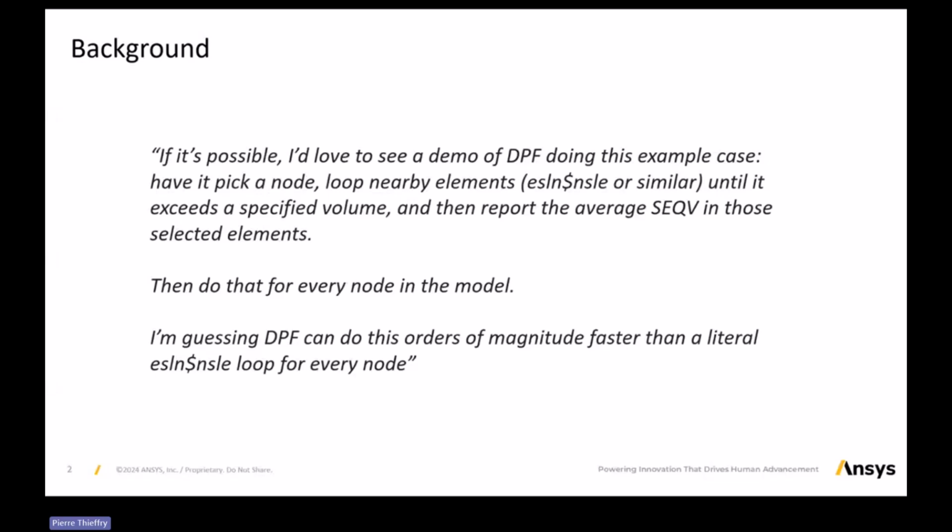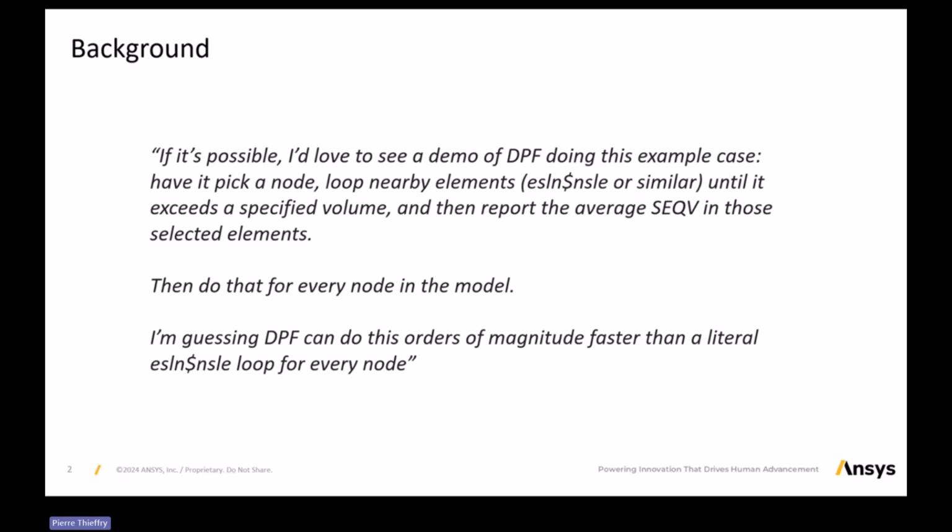For any node in the model, you find the elements that are attached to this node within a given volume. So you give a threshold volume, you find the attached elements, and within those elements for that node, you average the stresses by the volume. So you take all stresses from the surrounding elements and you divide by the volume.